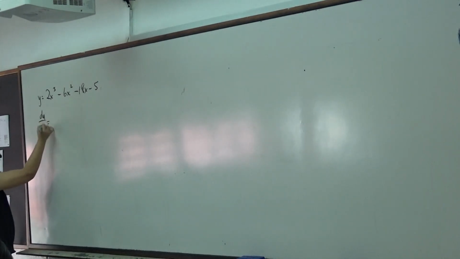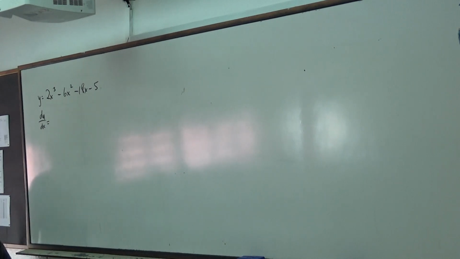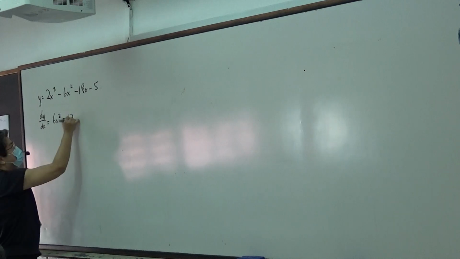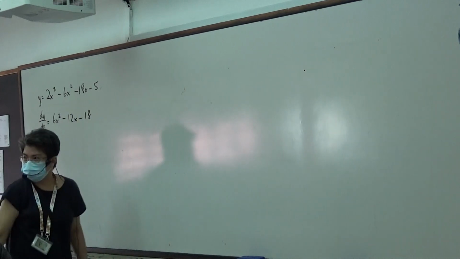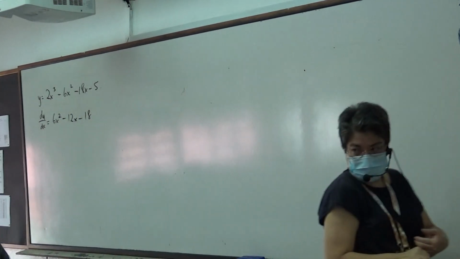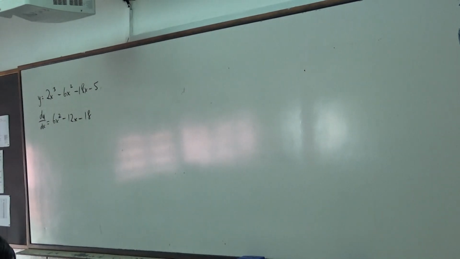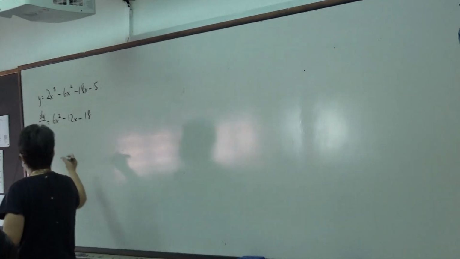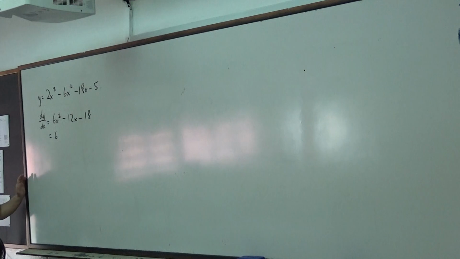First of all, I'll find dy/dx first. What is it? 6x squared minus 12x minus 18, right? Everybody okay? Now, first part, show that dy/dx is this. That means I got to factorize out 6, right?